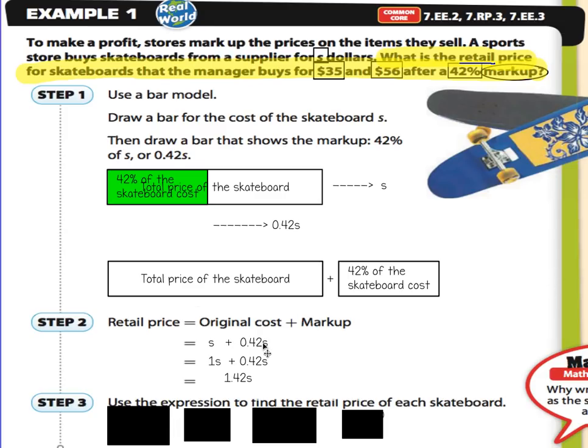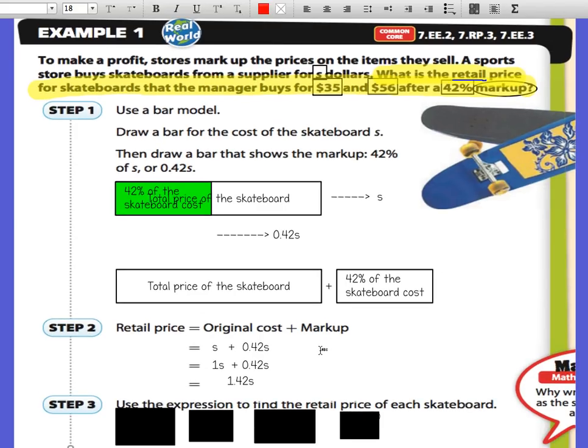So what we're saying here is that this expression, where we took the price of the skateboard, and I'm going to write this in black and make it a little bigger so you can see it.